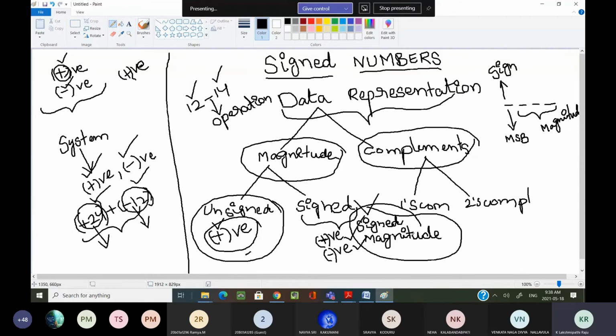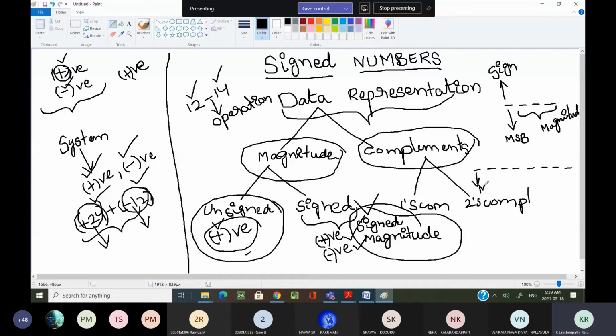Okay. Now in signed magnitude, suppose it is a 4-bit representation. Now if it is an 8-bit representation, 1 2 3 4 5 6 7 8. The same procedure we followed above: the most significant bit position is the leftmost bit.